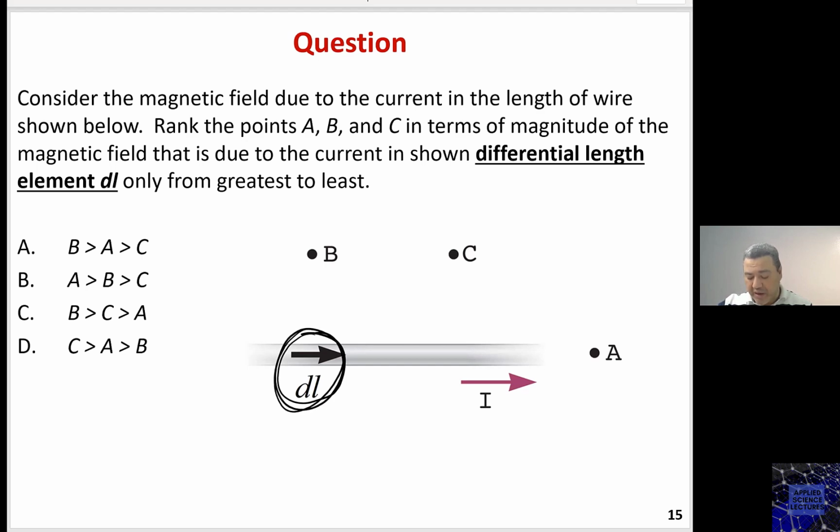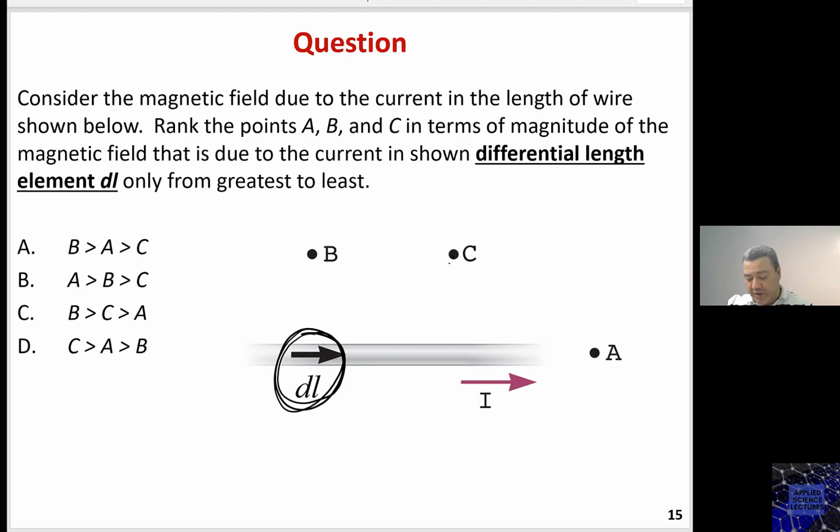So I am comparing the magnitude of the magnetic field at A, B, and C due to this differential element only, not the whole current. Based on the distance, I can see that B has the smallest distance, then comes C, and A in this case would be 0.